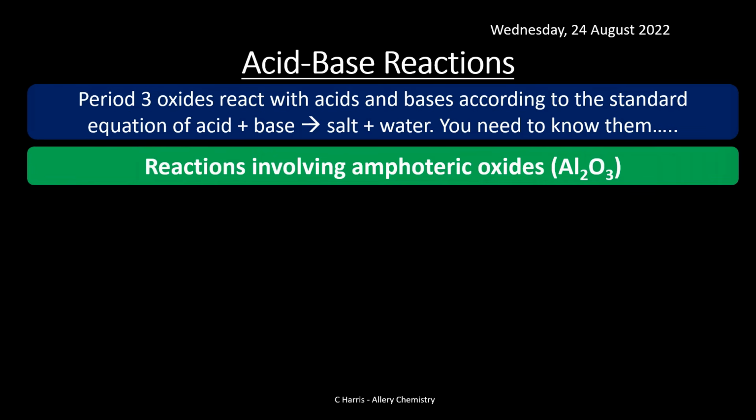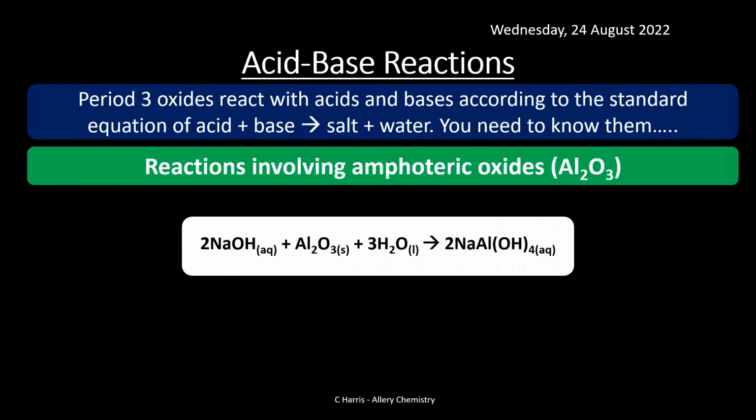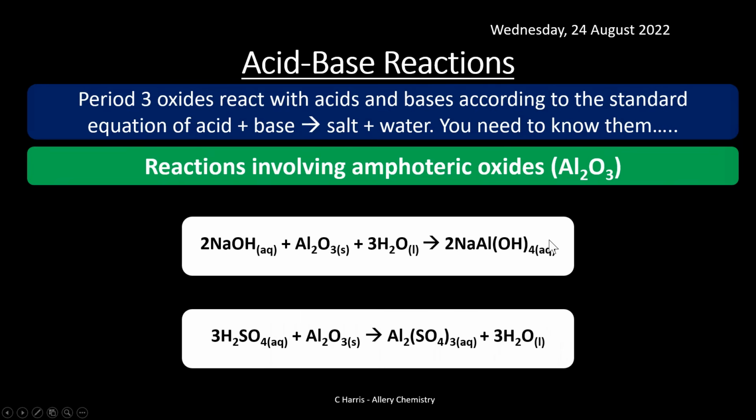Okay, so looking at amphoteric oxides, so this obviously is aluminium oxide, which is a little bit weird. It can't decide if it's going to be an acid or a base. So like I say, it depends on what we react it with what it behaves as. So in this example here, aluminium oxide reacting with a base, sodium hydroxide, so this is acting as an acid, will form this compound here. Okay, so sodium aluminium hydroxide.